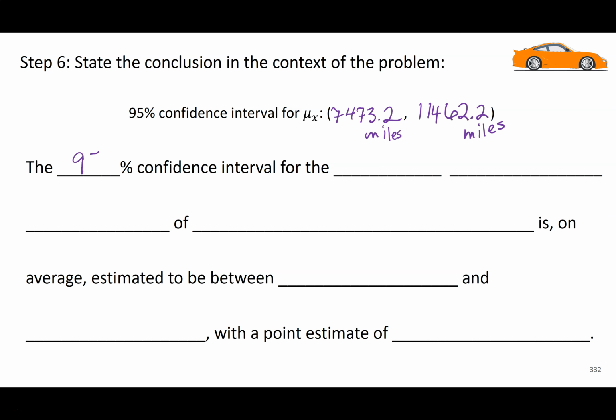So the 95% confidence interval, I swear this first blank's the easiest one. Don't forget to tell us the confidence level. We are looking for a mean because the variable of interest is quantitative. For the mean what? Annual mileage. Of what population? All drivers of this sports car.